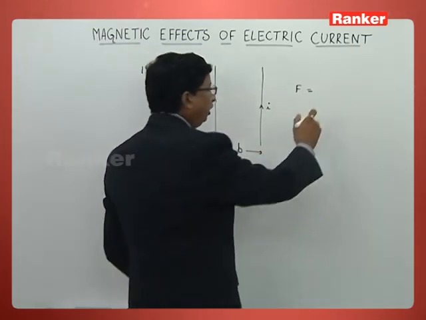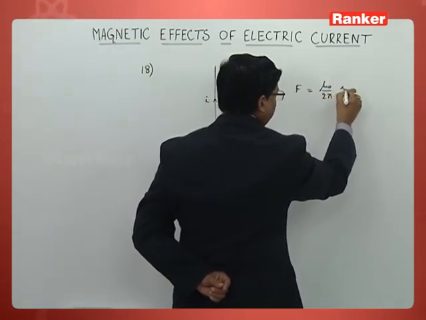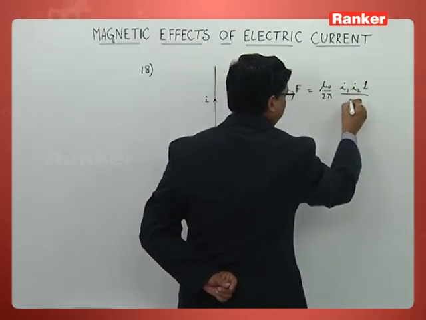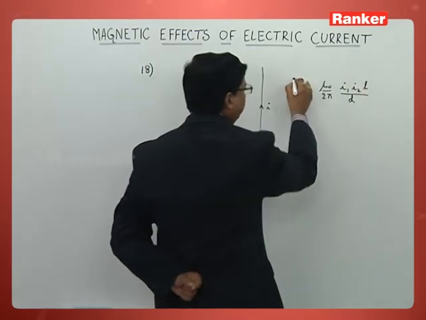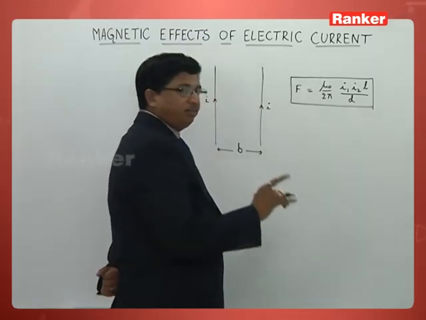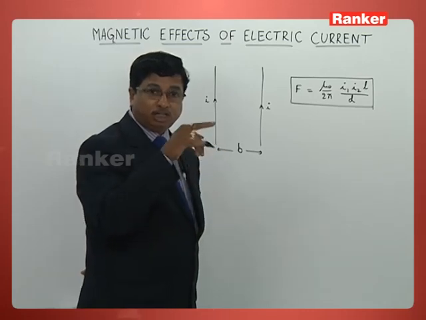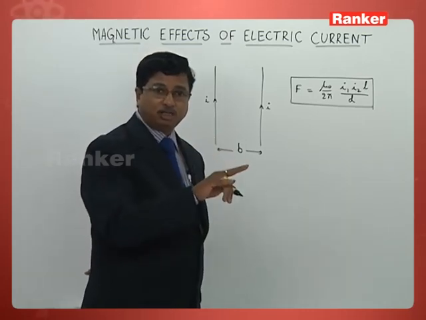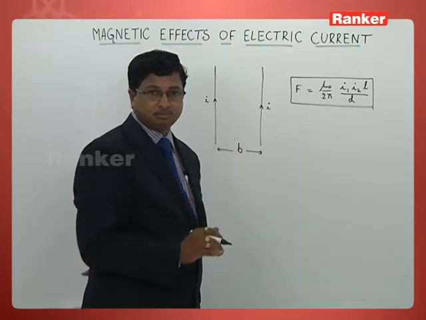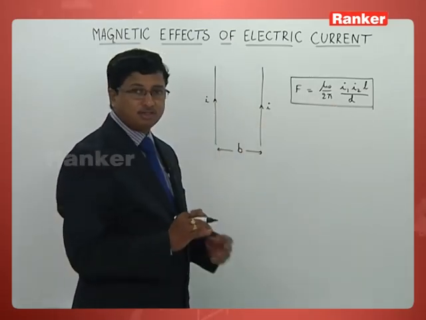That by formula we can write mu naught by 2 pi into I1 into I2 into L by the distance of separation as d. This is the formula one should recollect first. I1 is the current in the first conductor, I2 in the second, L is the effective length of both the conductors, which of course are experiencing a force between them, and d is the distance of separation between these two conductors as such.